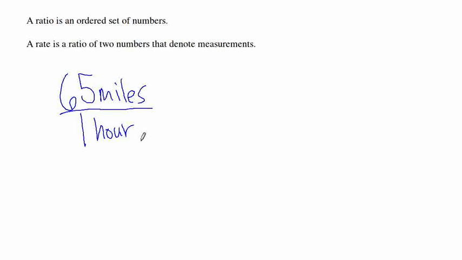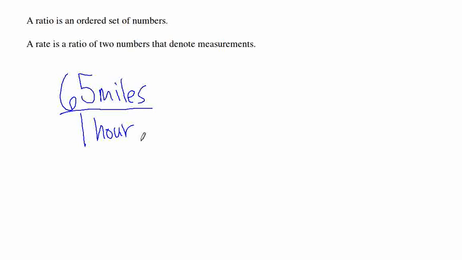To determine how fast a car is driving down the highway, you need to make a distance measurement and simultaneously a time measurement. People can say that a car is driving down the highway at 65 miles per hour. That is a rate.